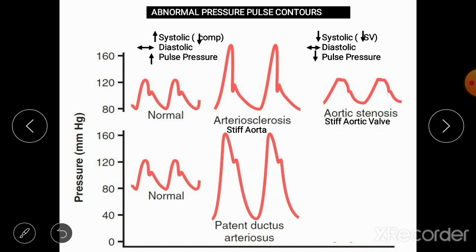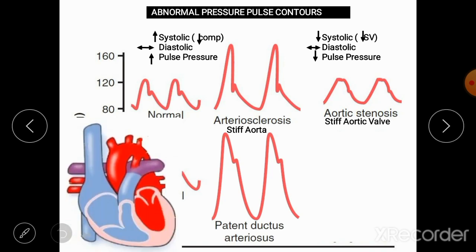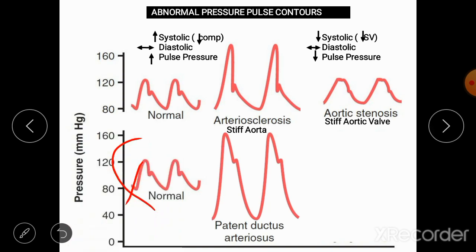The reason for this is that the blood which was diverted into the pulmonary artery during diastole through the patent ductus arteriosus is now being pumped out of the ventricle into the aorta in the form of increased stroke volume, resulting in raised systolic blood pressure.